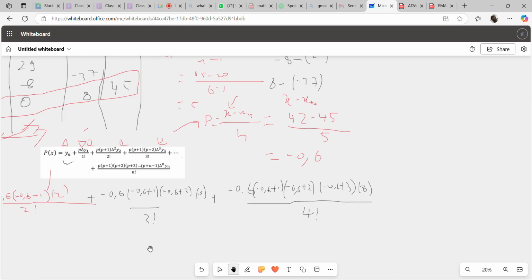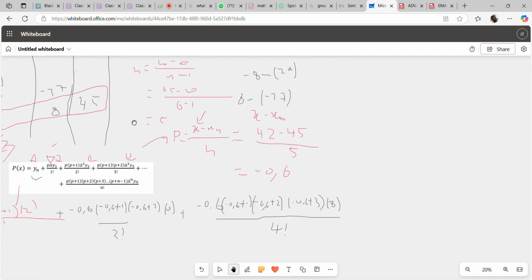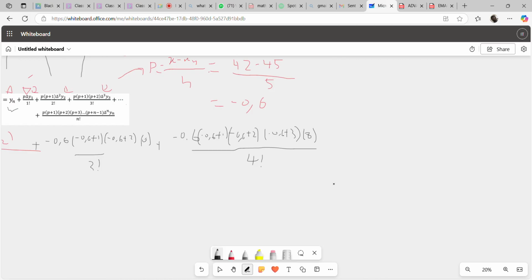So now the following expression, where do you stop? You stop at the power of your highest. Here it's 5, so we're going to stop at 5. You copy your expression: minus 0,6 minus 0,6 plus 1 minus 0,6 plus 2. You go again, minus 0,6 plus 3, that was there.